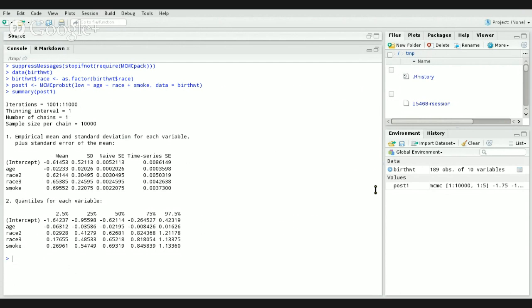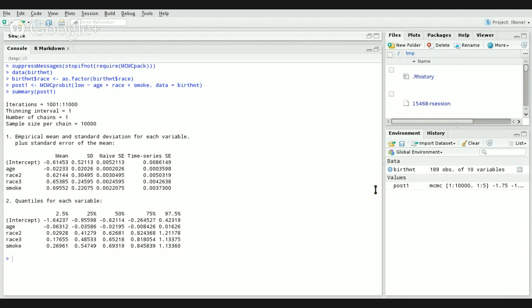But in any event, the mean of the posterior distribution on the smoker variable is 0.69. It has a standard deviation of those draws of 0.22. You can see that the 95% central interval for the draws on the smoker variable only includes positive numbers.